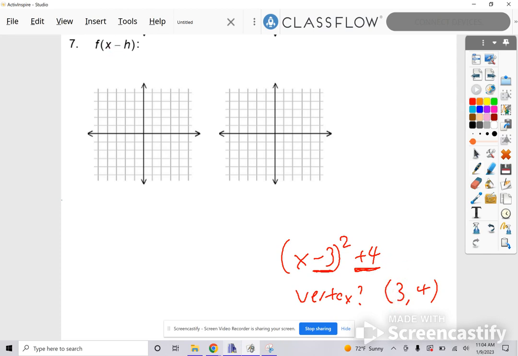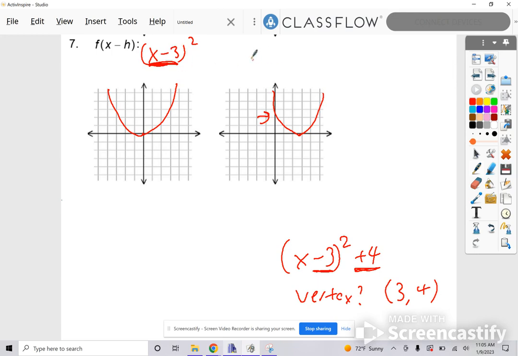Well, this is why. It's because it's a minus here, okay, on the inside. And anything with x is always going to do the opposite of what we want. So if I have x, in this case, minus 3 quantity squared, again, parent function. And then the minus, again, we usually think of that as left, but since it's with x, it's going to do the opposite, and it's going to go right 3.